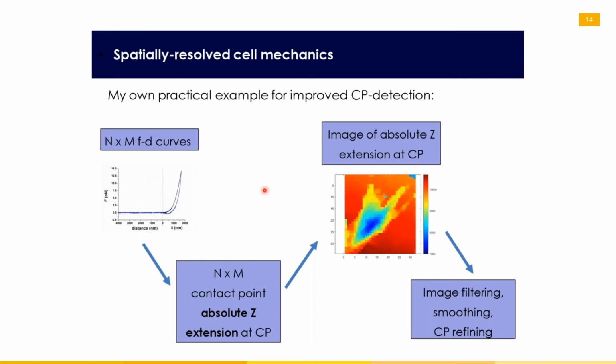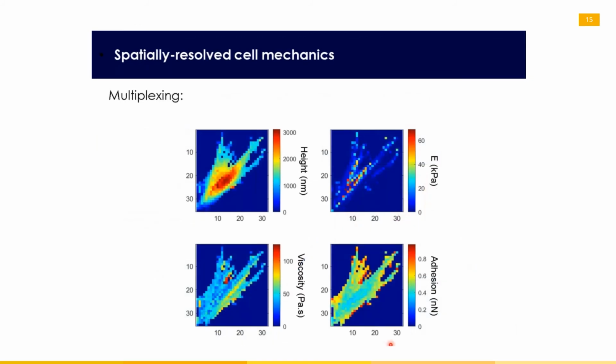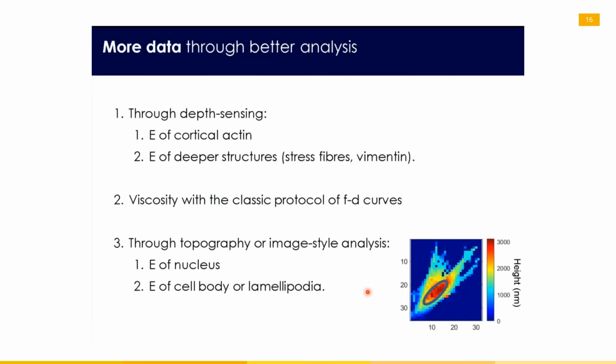After that, you can get the image of the Z extension at the contact point, and filter the image, smooth this, and refine the contact points. So what you can get after the refining is a multiplex of, for example, the height, the Young's modulus, the viscoelasticity, and the adhesion.